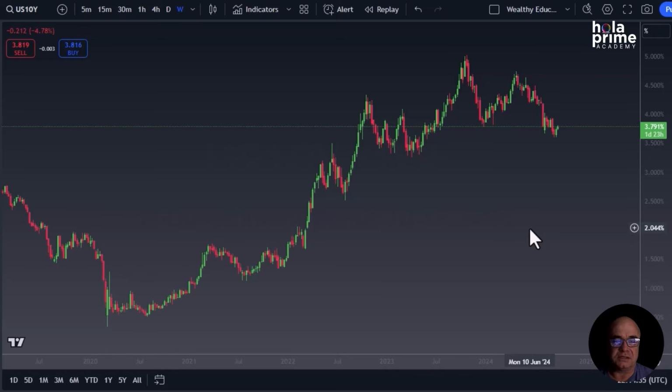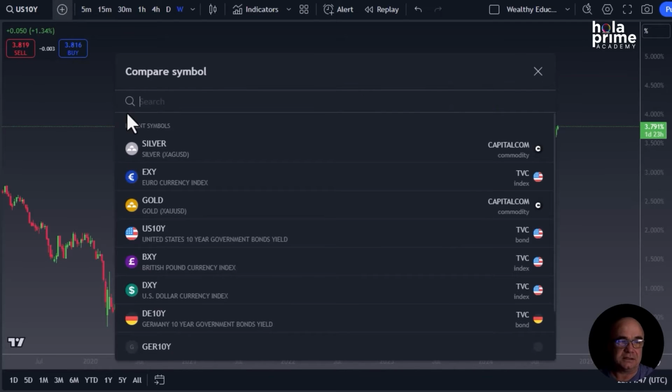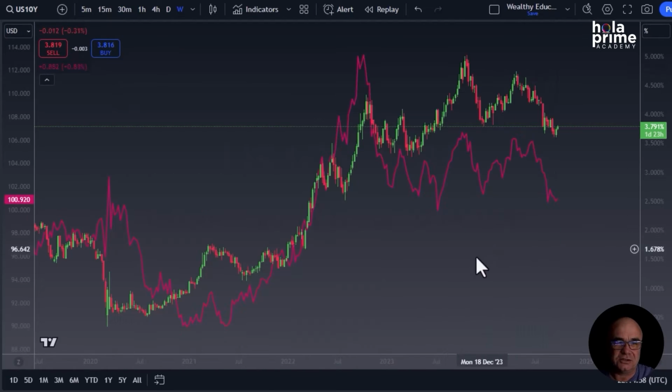So you can see that during the year 2022, 2023, 2024, we had seen the yield rise, and subsequently, I can go ahead and compare this to the Dixie. So the Dixie, DXY, is the US dollar. And you'll see on the chart, it tracks pretty closely.